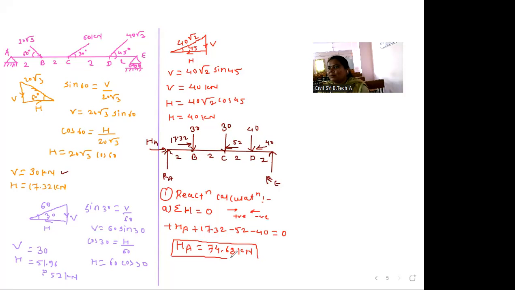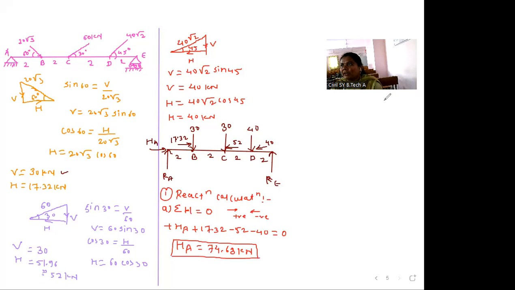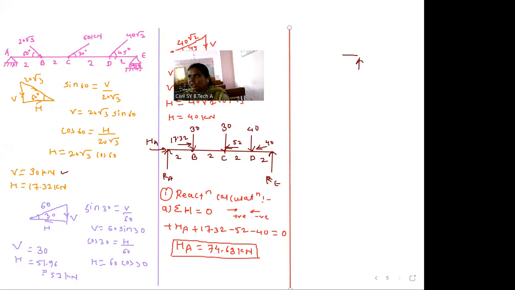After that, we will apply the B part, and the B part is related to vertical forces. So we will write summation FV is equal to 0. So here RA and RE.